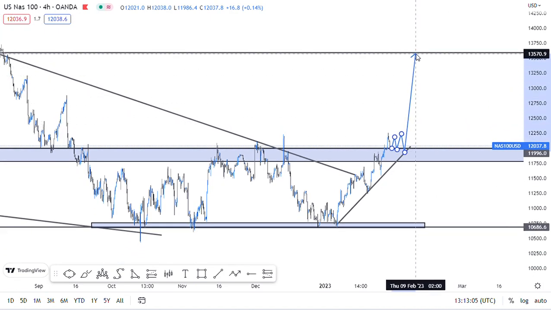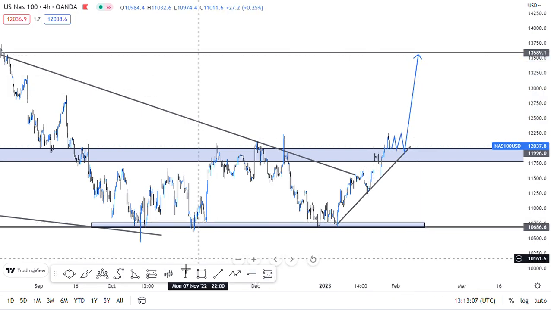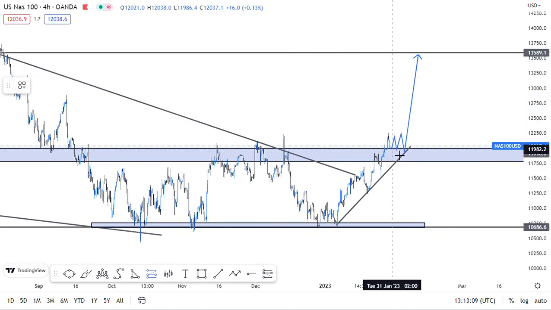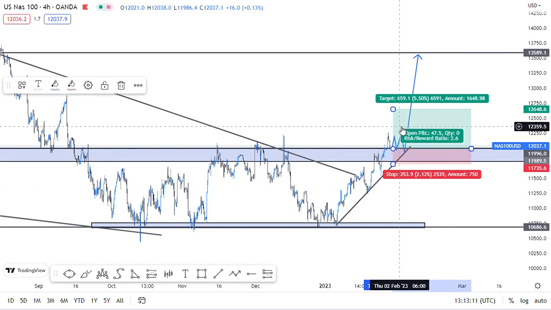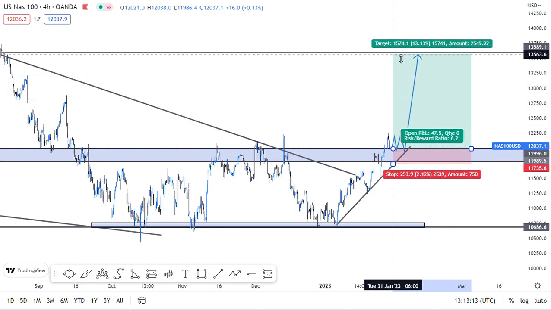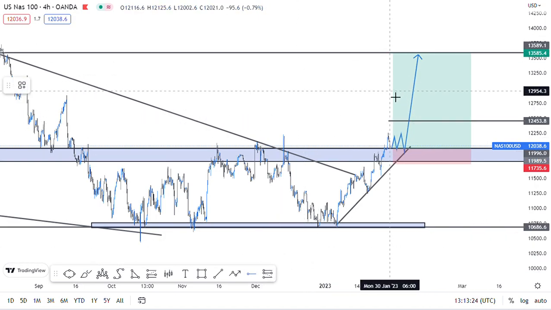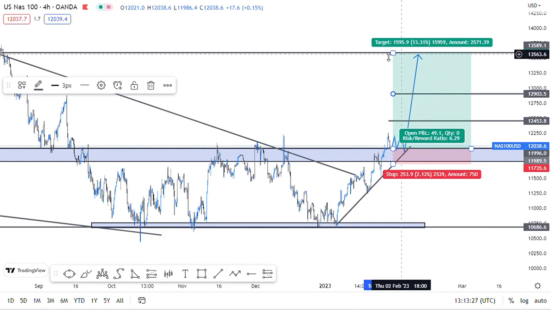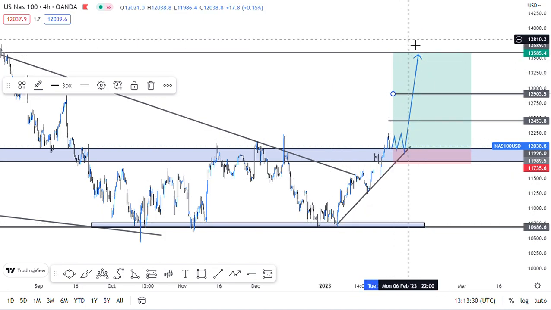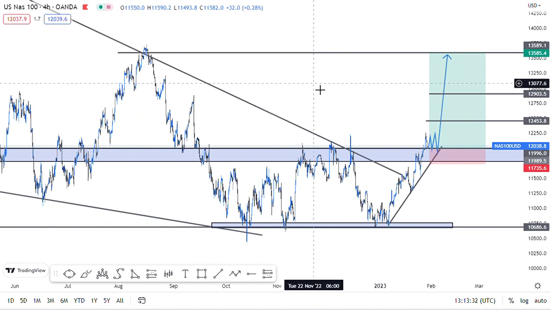Then we can buy from this point right here to there. Take profit 1, then we have take profit 2 right there, and then our last take profit will be right there at that level over there.